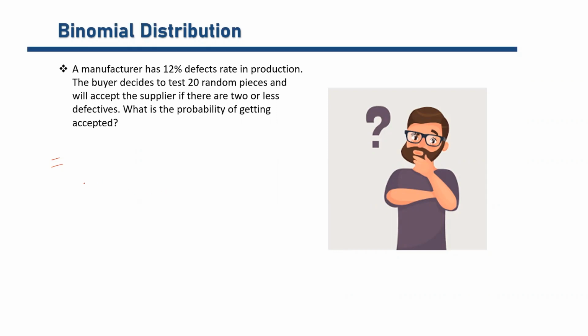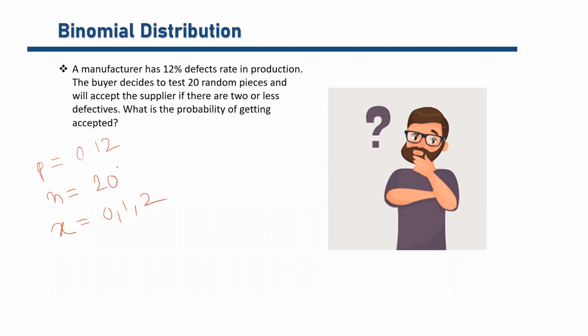Before we start, can someone tell me what is the P here, what is the N here, and what is the X here? P, the defect rate, is 0.12, N is 20, and X is 0, 1, and 2, right?